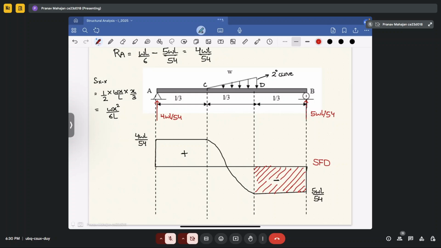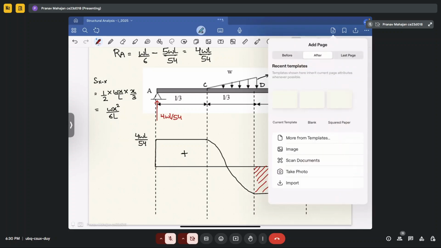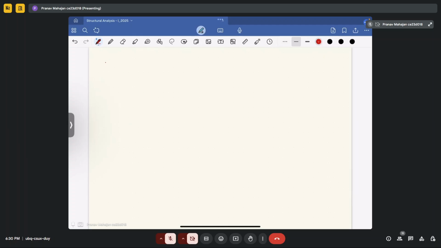Or you can say increasing, because we are considering only the absolute values. So your shear force is maximum only in this region. So we can write that your maximum shear force is equal to 5WL upon 54.